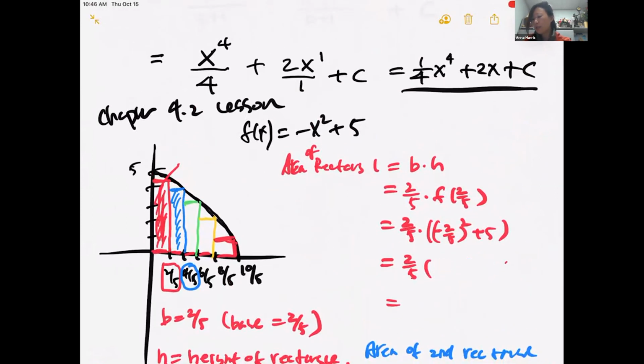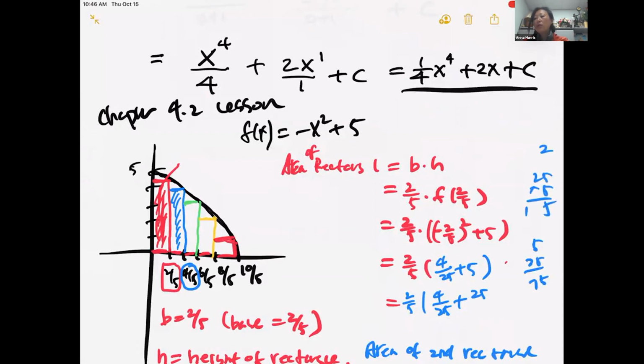So put it in your calculator, or I can put it in mine. Negative (4/5) squared plus 5 is the same as 16 over 25 plus 125 over 25, so 5 times 25 is 125.